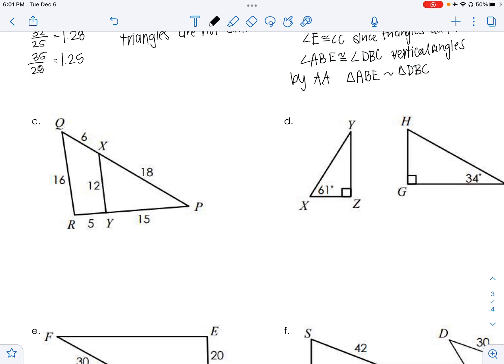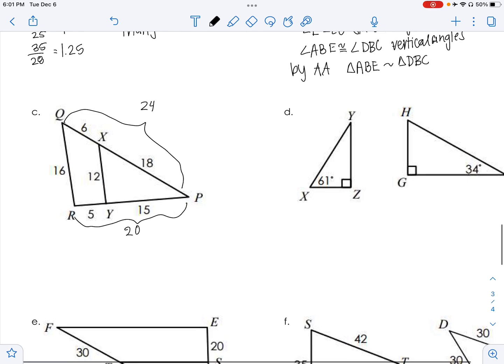Okay, part C. If we have these side lengths, that means that this whole side length is going to be 24 from P to Q. P to R is going to be 20. So we need to see if these are all proportional. So if we have 12 over 16, these two sides, and then if we relate that to 18 over 24, and let's see, 15 over 20.